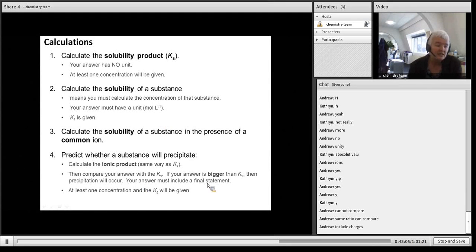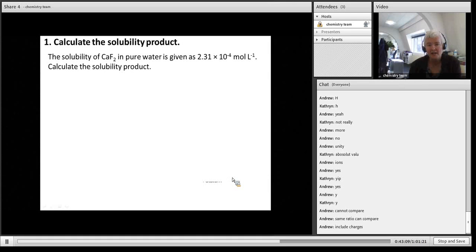Okay, so let's calculate the solubility product. So here's an example, the solubility of CaF2 in pure water. Now, this is important, pure water, in that there's no other source of calcium and fluoride ions. So we know, because it's pure water, all the calcium we've got is from the calcium fluoride, and all the fluoride we've got is from the calcium fluoride.